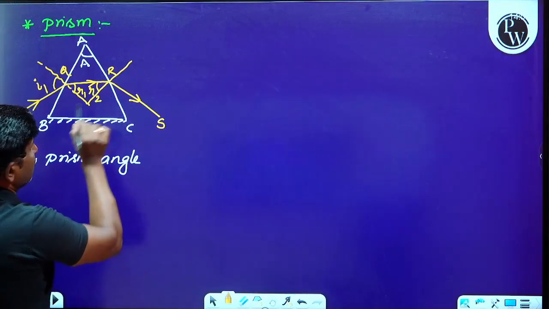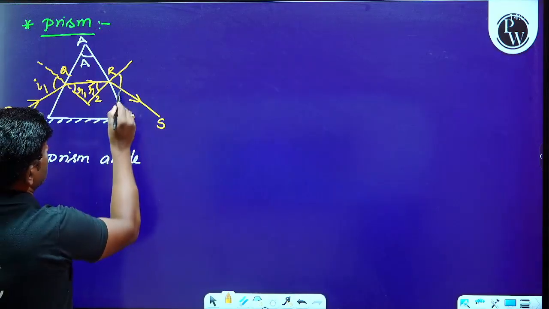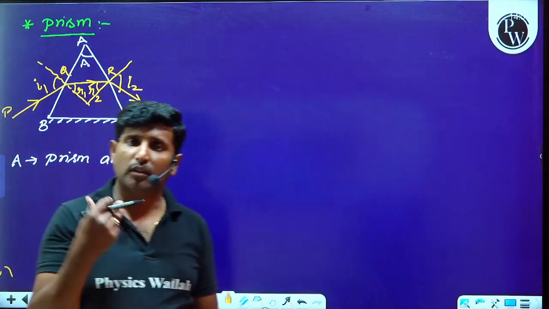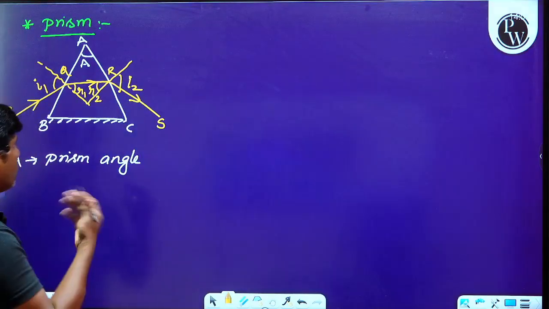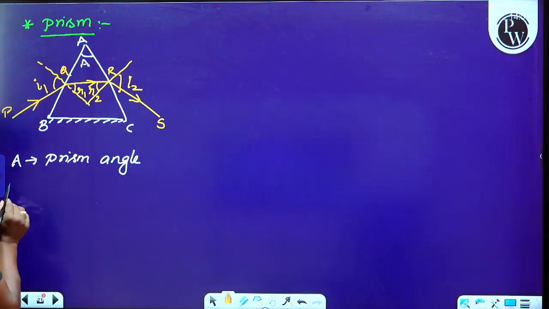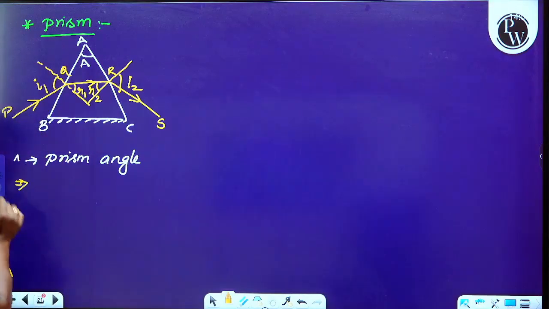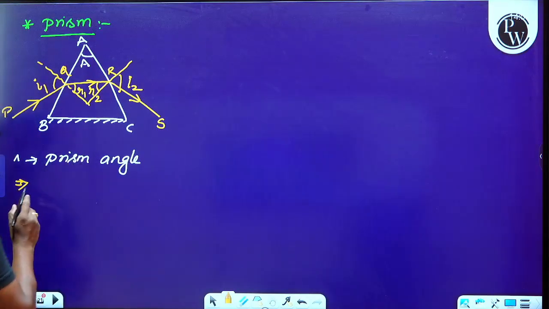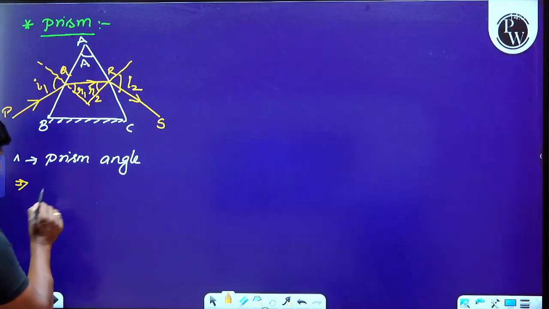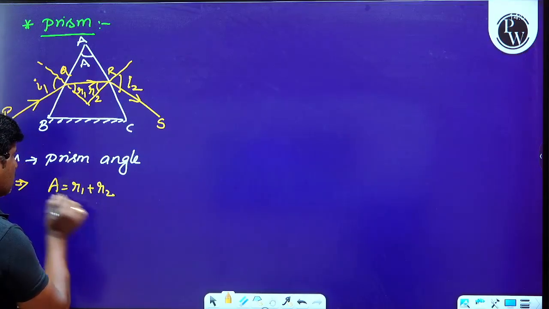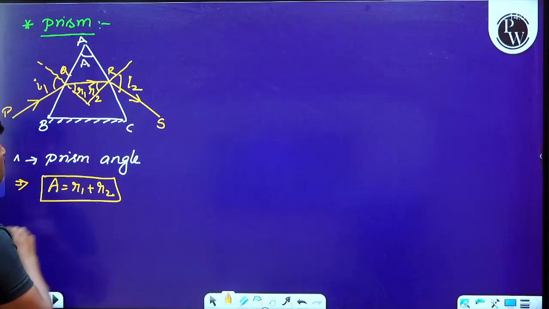R2 is the angle of incidence at the second face. I2 is the angle of emergence or angle of refraction at the second face. Therefore, from this it should be very clear. We have to write the important points. First one, please observe this. Angle of prism is equal to R1 plus R2.